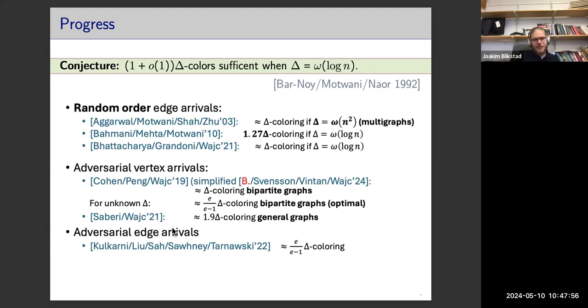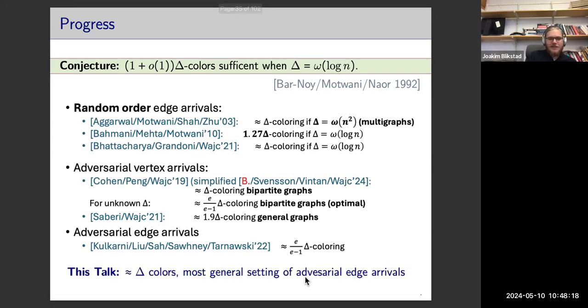And then in the most general setting, there was this very cool paper from a few years ago, which said that you can actually beat greedy for edge arrivals in a worst case order, and achieve this e over e minus 1 competitive ratio.